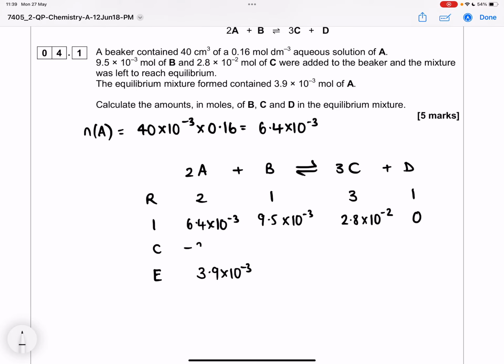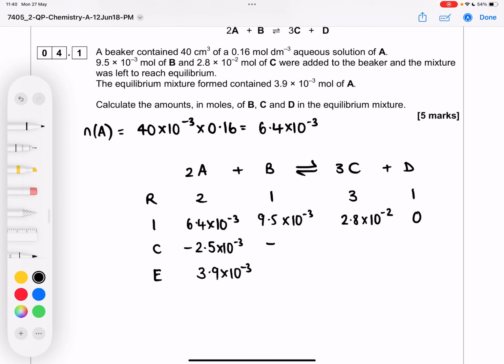So this has gone down by 2.5 times 10 to the minus 3, which means that B, because our ratio line and our change line are in the same proportions, and if 2.5 is equivalent to 2, then the ratio of 2 to 1 means that we're going to go down by half of that, so 1.25 times 10 to the minus 3. So if we apply that, 9.5 times 10 to the minus 3 minus 1.25, we'll find that the equilibrium amount of B is 8.25 times 10 to the minus 3.